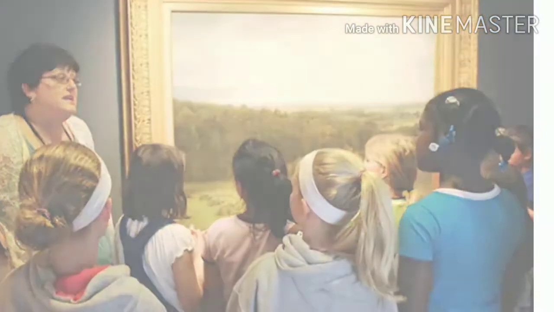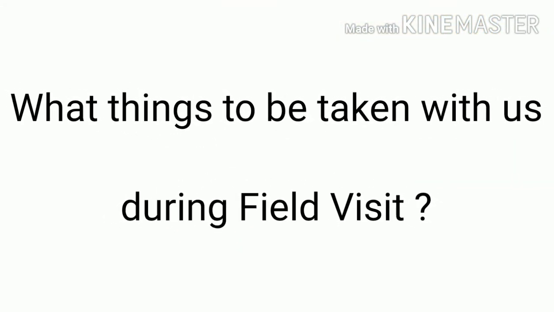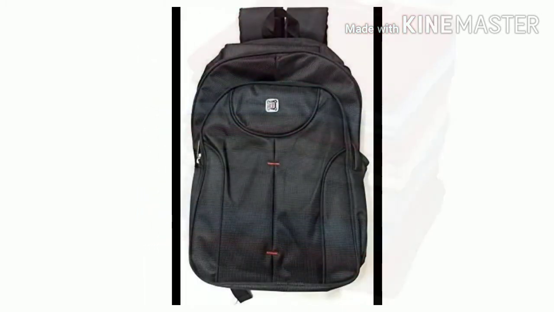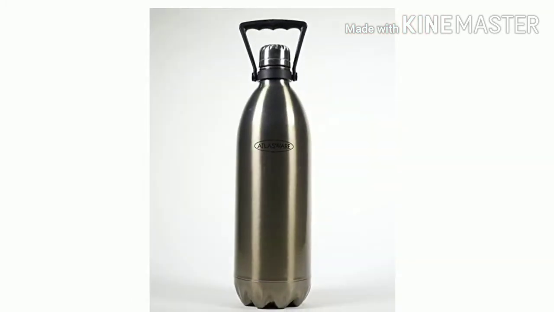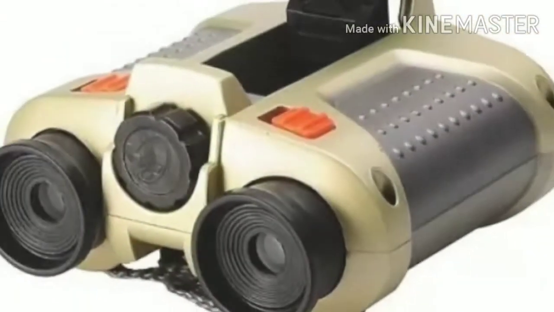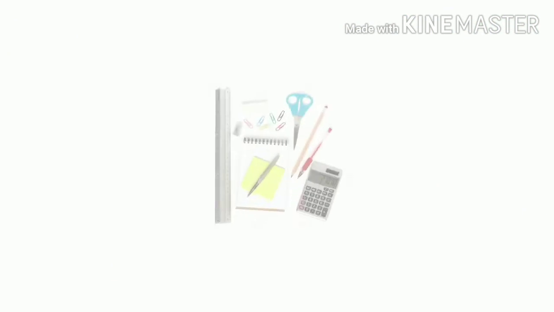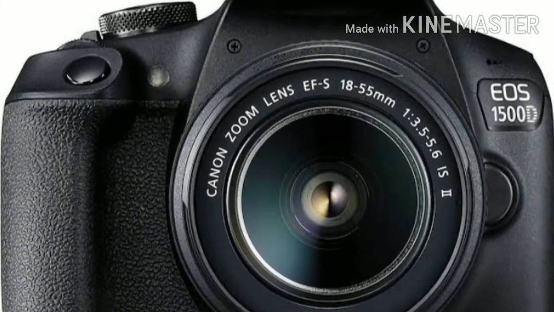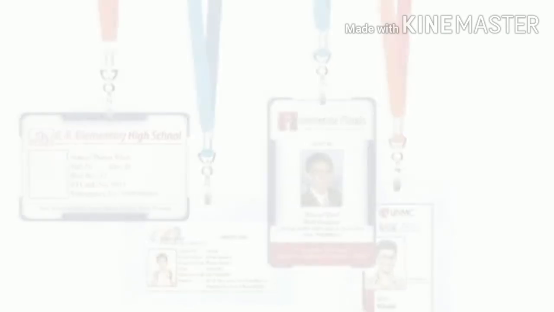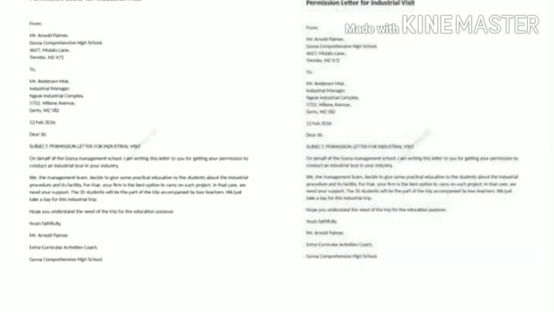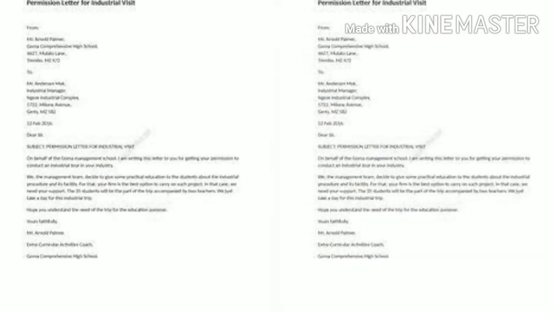Now, let's see what things are to be taken during field visits. The things that should be taken are clothes, bag, water bottle, binocular, first aid kit, cap, magnetic compass, map, writing tools, camera, etc. Besides these things, you should also carry I-cards and a permission letter of the place where we are supposed to go.